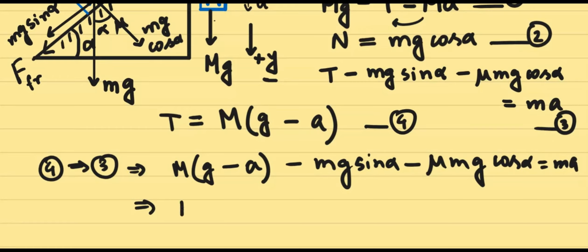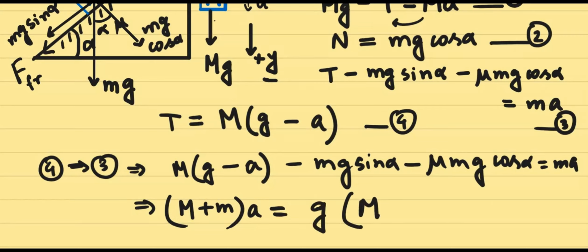So what we have is capital M plus small m times a equal to, what we find is we can factor out g, and that gives us capital M minus small m sine of alpha, minus mu small m cosine of alpha.